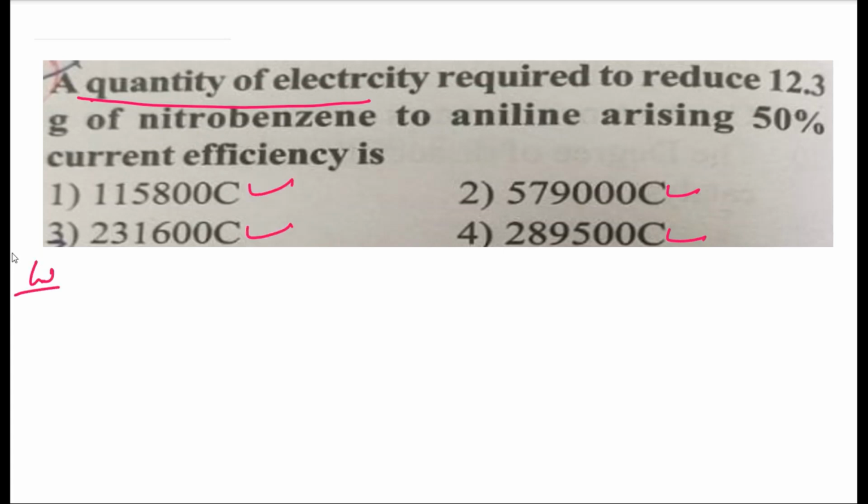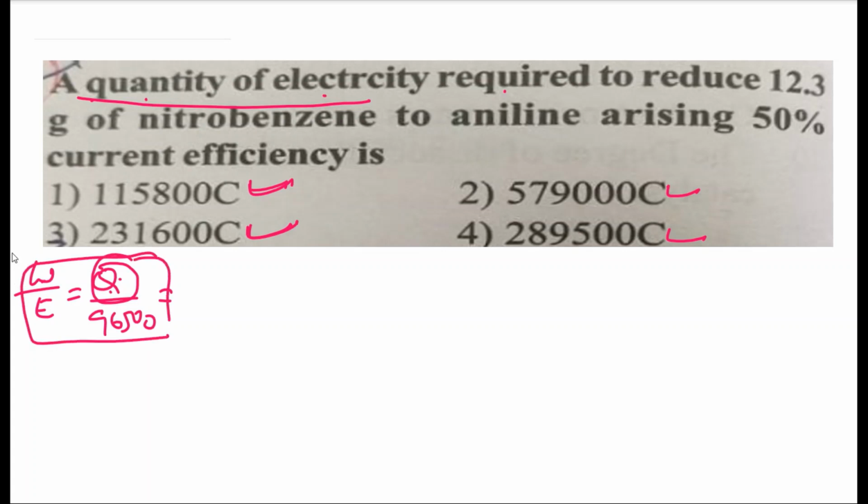W by E is equal to Q by 96,500. Only Q you have to calculate, because the options are given in coulombs, and the weight is given. This formula is applicable for 100% current efficiency.